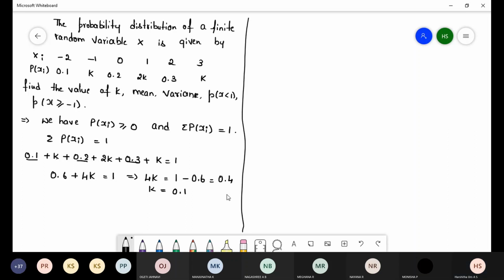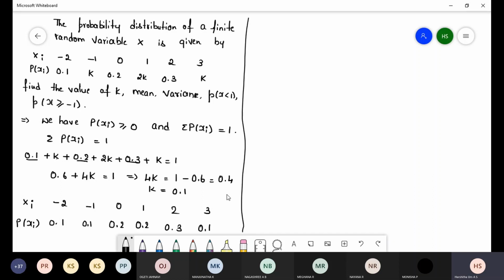Now we have to substitute in the table: xi is minus 2, minus 1, 0, 1, 2, 3, and p of xi is 0.1, 0.1, 0.2, 0.2, 0.3, 0.1.